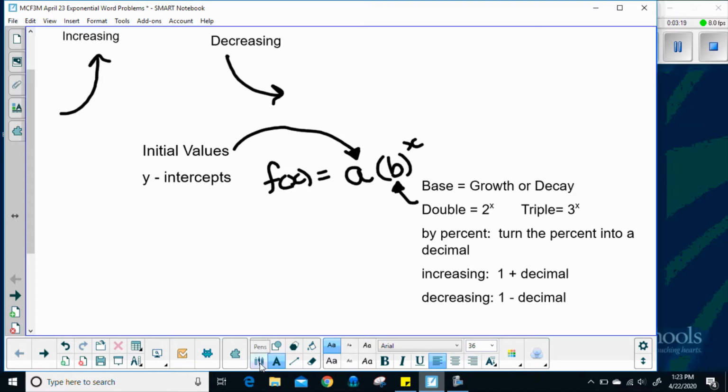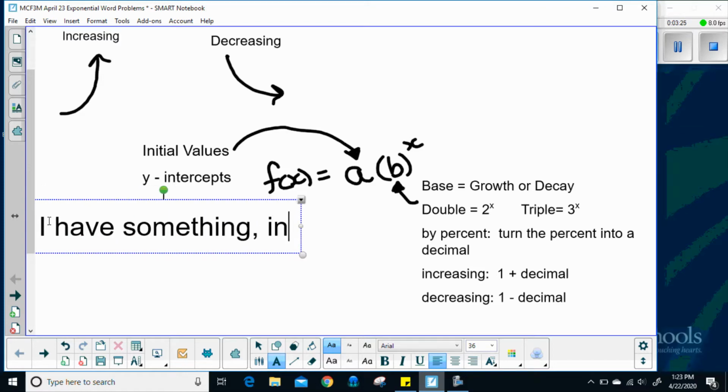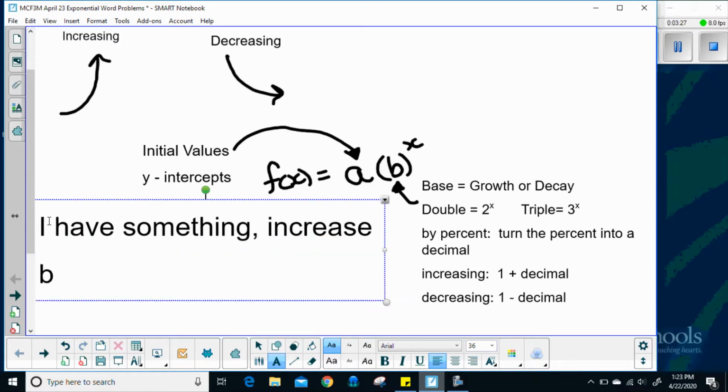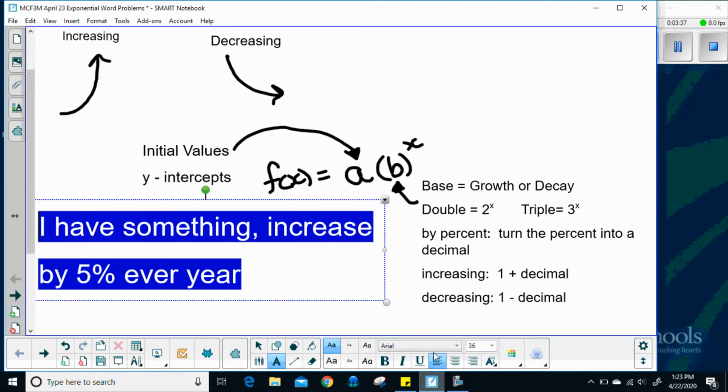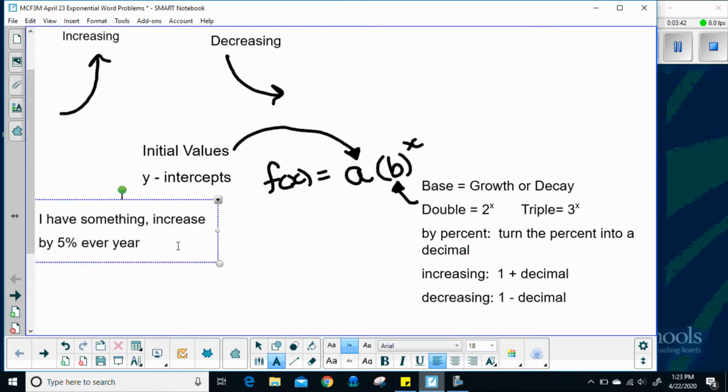So let's say I have something that's going to increase by 5% every year. Well, I'm going to turn that into an equation. What I need to do with that 5%, and we're going to do this a whole bunch today, so we're going to get lots of practice with it.